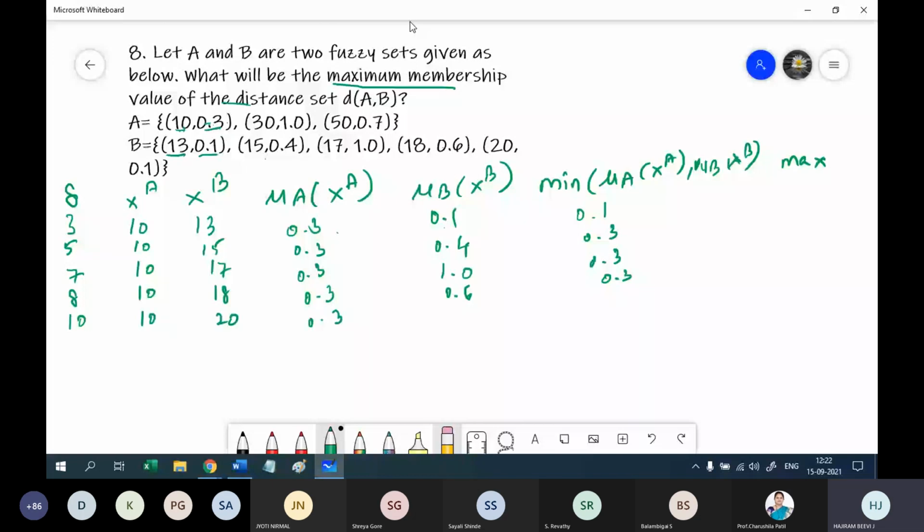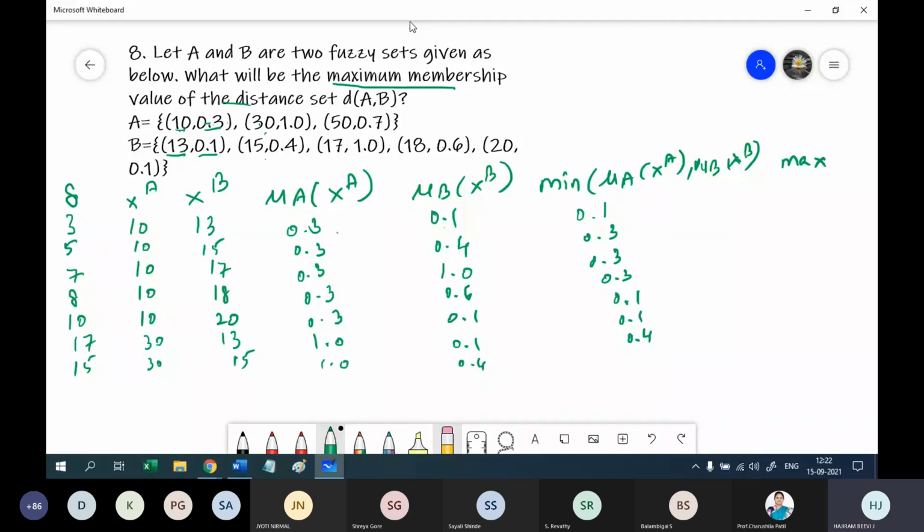Then for the next distance, 17, which means 30 and 13. So 1.0 and 0.1, the minimum is 0.1. The next distance is 15, which means 30 and 15. So 1.0 and 0.4, the minimum is 0.4.